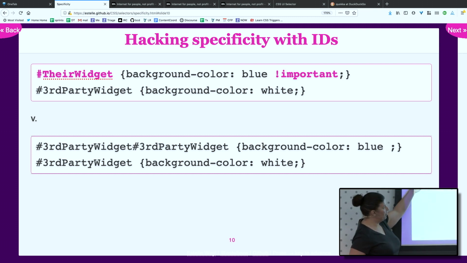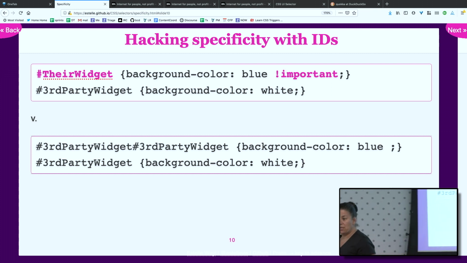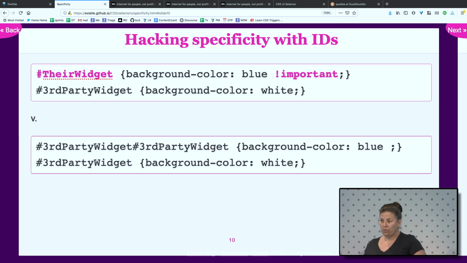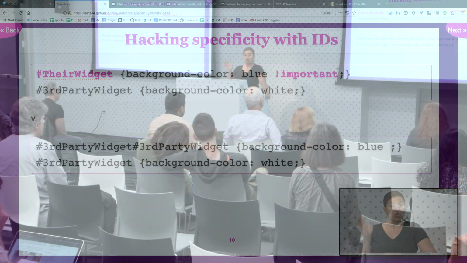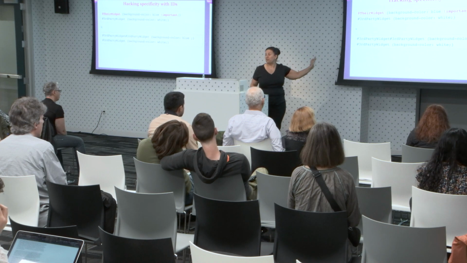This is their code, this is yours. You can make it blue by doing it with two IDs. That has the specificity of 2,0,0, which is stronger than theirs. If you ever do this, comment it out and explain why, because this is a hack, but it allows you to overwrite someone else's specificity without adding the term important.